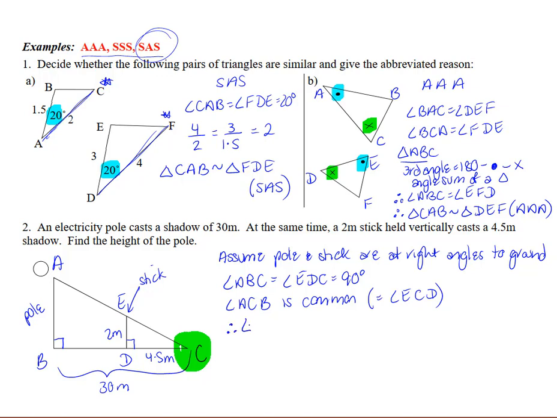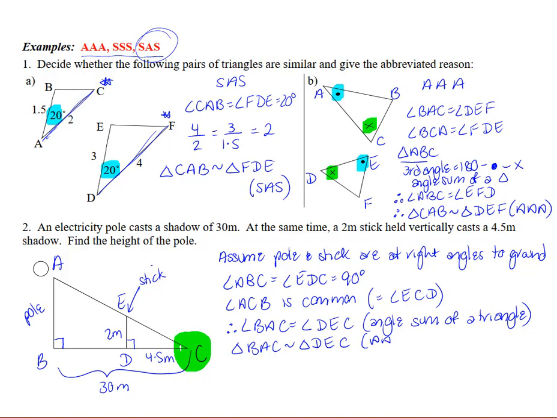So same reason as part B before, it means that that final angle has to be equal. So therefore angle BAC has to equal angle DEC because of angle sum of a triangle. So now I know that triangle BAC is similar to triangle DEC because of AAA. Now because of that, I can now use similar triangles to work out the height of my pole.